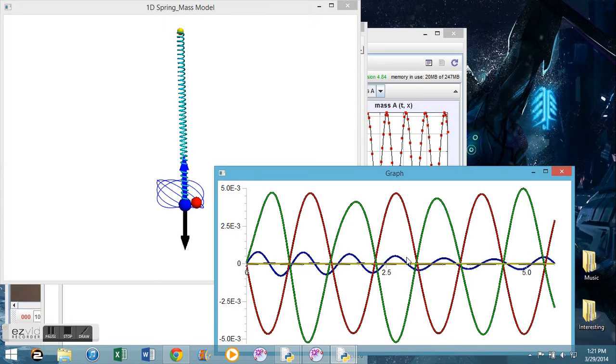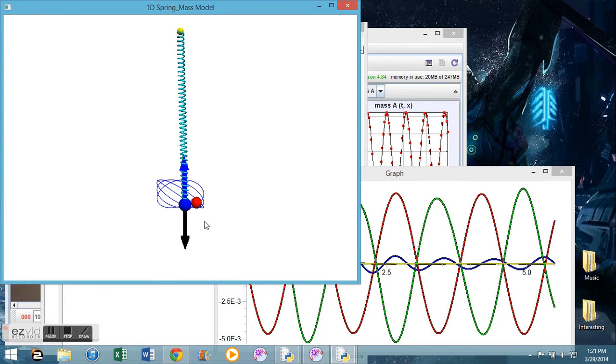As for the predictions versus the observations, we know that the red ball shows the observations from the Tracker program. Those are just directly from the position data from the Tracker program. And the blue ball is from the predictions of the VPython program.